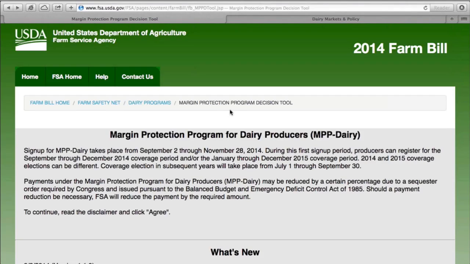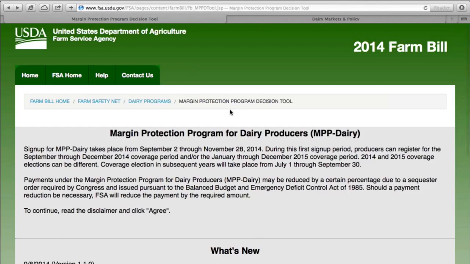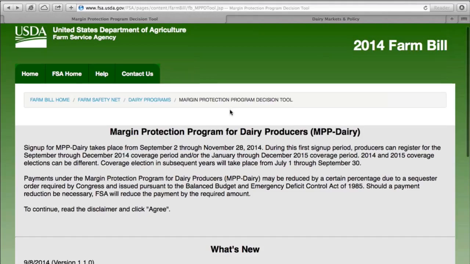So farmers may need to think about how the holidays align with when they want to make a MPP registration decision. But anyway, during the first sign-up period, the farmers can register for 2014 retroactively and 2015. And then in subsequent years, they'll have from July 1 to the end of September to make an MPP decision for the next coverage year.